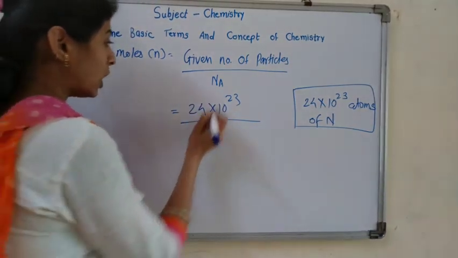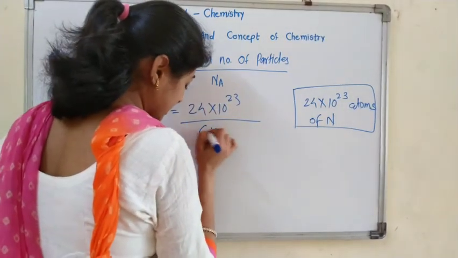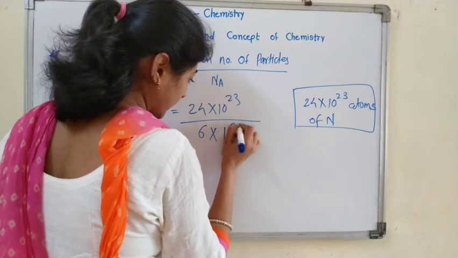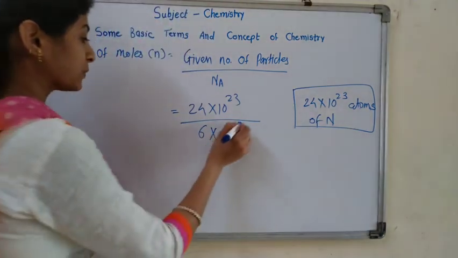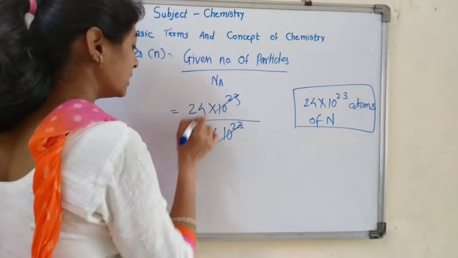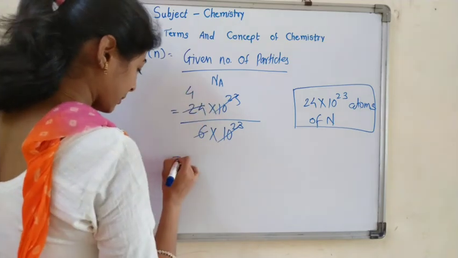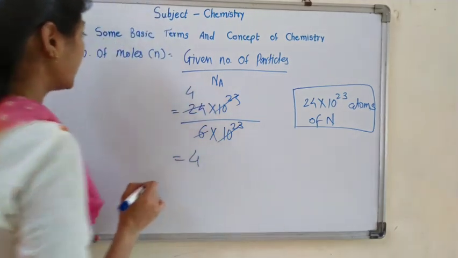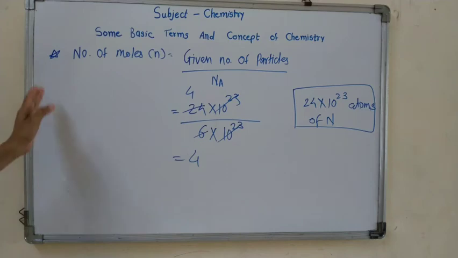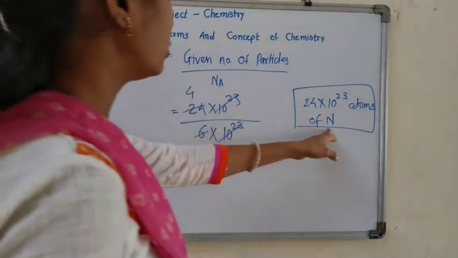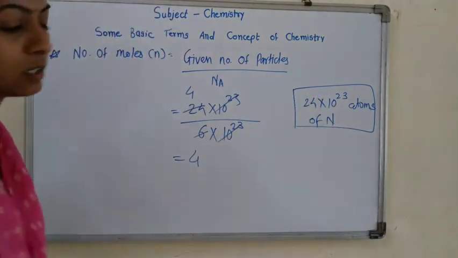Avogadro's number, to avoid confusion, I will take as 6 × 10^23. The 10^23 will get cancelled, giving 4. So there are 4 moles of nitrogen in that container.